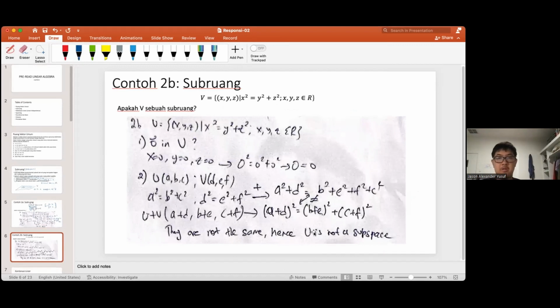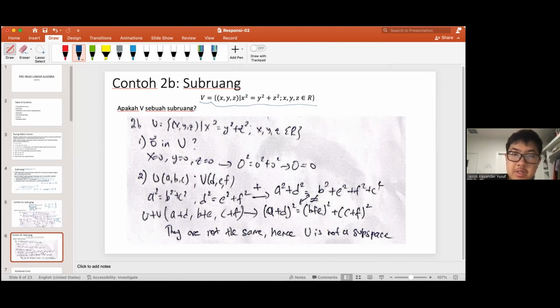Okay, next. Now this is another subspace case where V equals this, where V is a polynomial, and we're asked to prove whether V is a subspace or not. Same procedure applies. Is 0 in U?